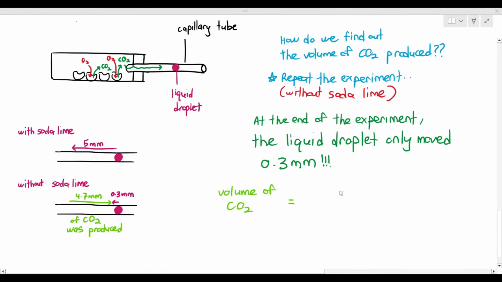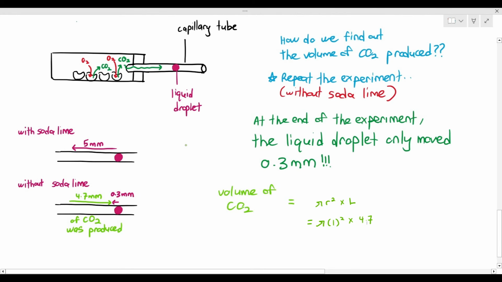You basically do the formula pi r squared times L, where pi is pi, obviously, right? R in this case is 1, and then times L, which is 4.7 millimeters.